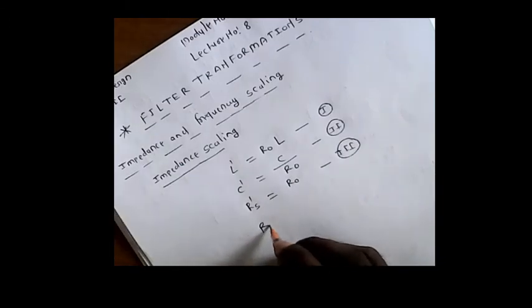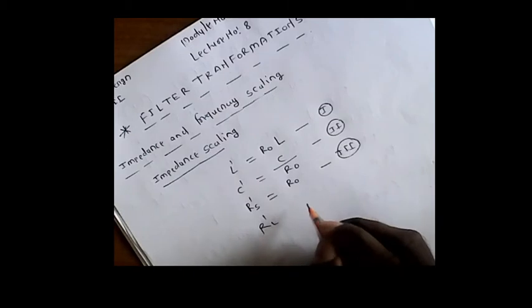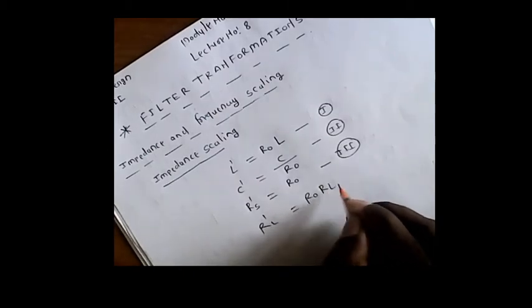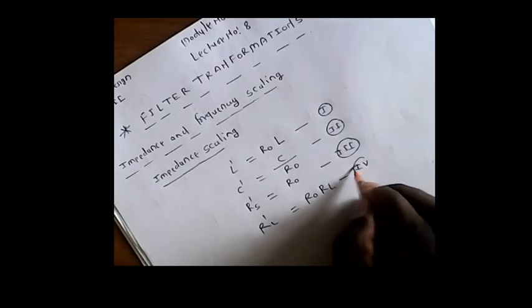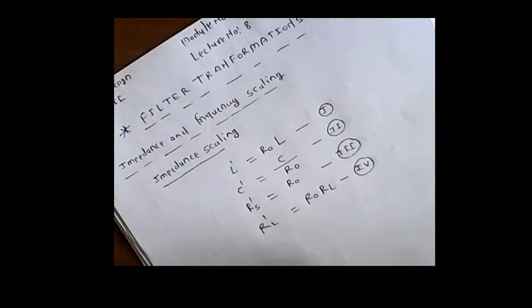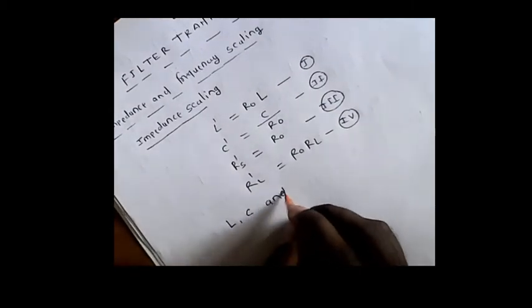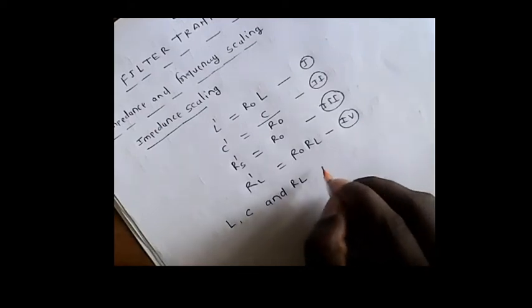Then the new load resistance, denoted by RL dash, is R0 times RL. Here L, C and RL are the component values of the original prototype low pass filter.